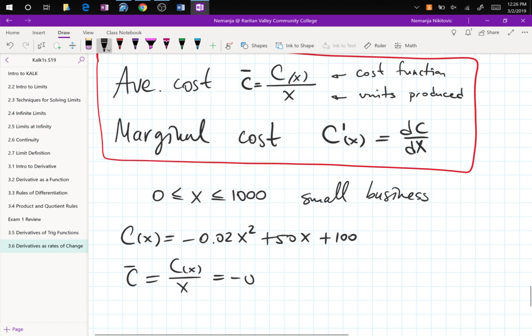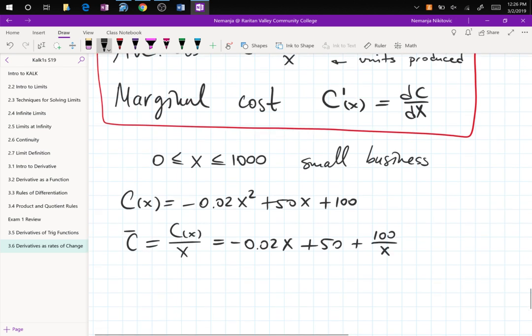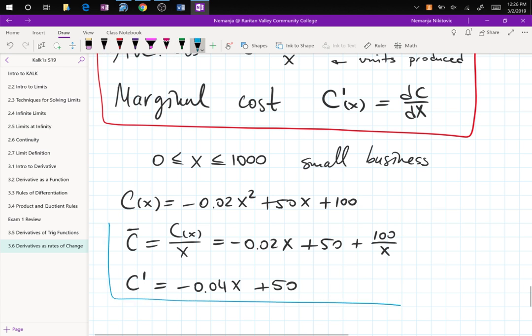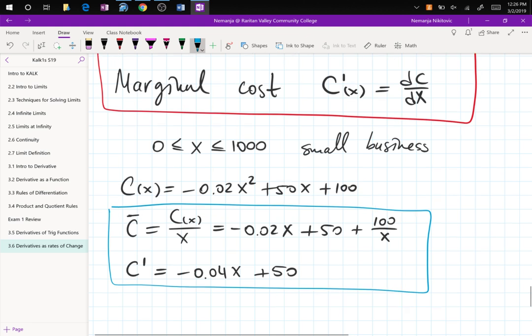So it's negative 0.02x plus 50 plus 100 over x. So that's our average cost. And now we have a marginal cost, which is the derivative, negative 0.04x plus 50. And I'm going to box these two because I have to refer back to them.